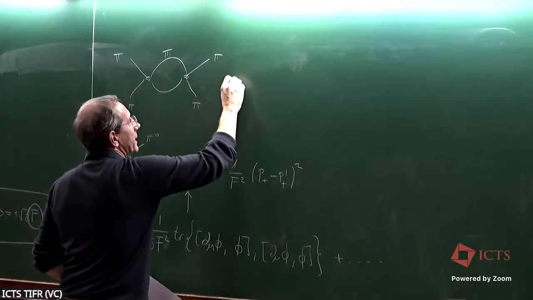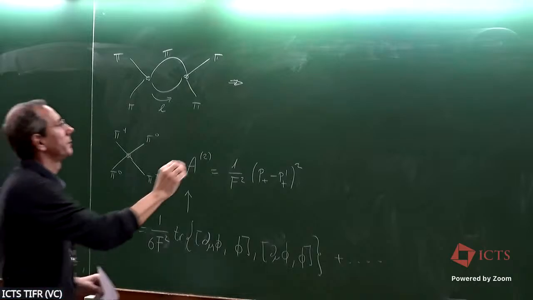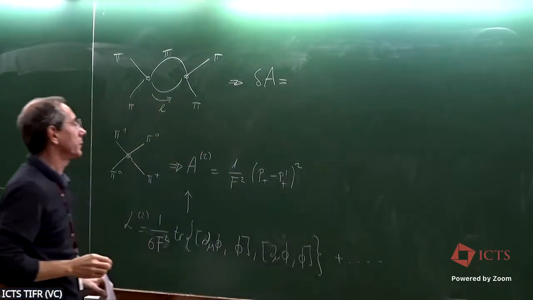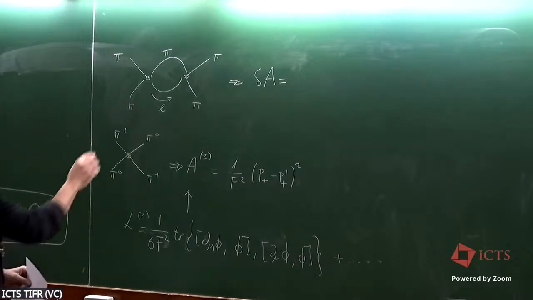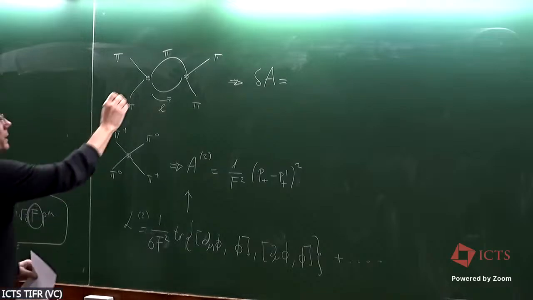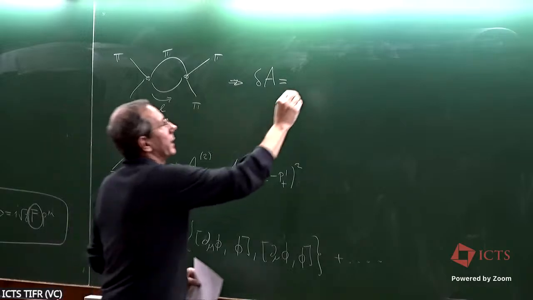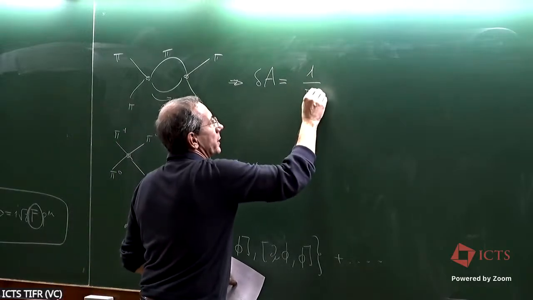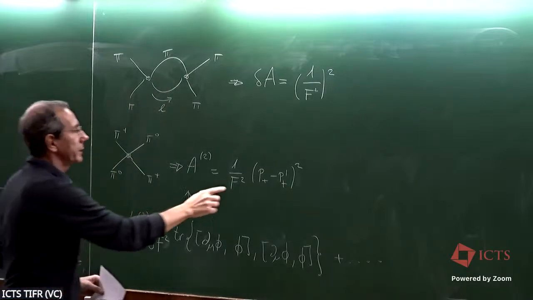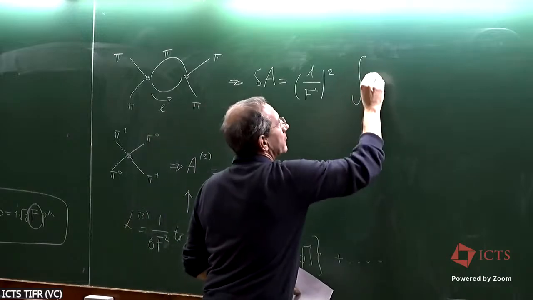Let's do a very naive estimate. Here we have a loop momenta, so this will be a correction to the amplitude coming at higher order. I don't want to do the full calculation now, I just do a naive estimate. So here I have these vertex, which are of this type. So we will have 1 over f squared because of the two vertex. The two vertex carries momenta, and then there is also an integral.